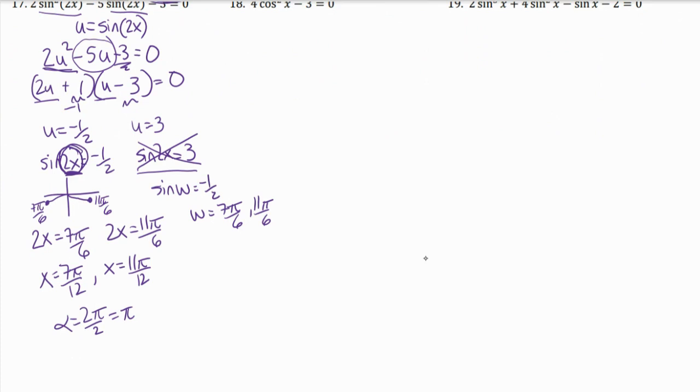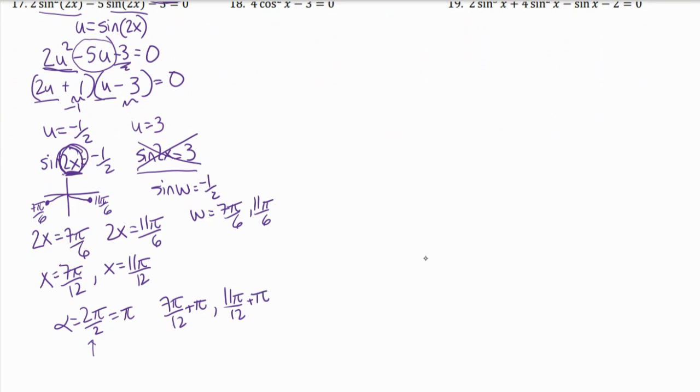Remember how to find the period of a trig function: it's 2 pi divided by whatever number you're multiplying by x inside the sine. So if it was sine of 3x, your period would be 2 pi over 3. What does that mean? That means you also need to do 7 pi over 12 plus pi, and 11 pi over 12 plus pi. You have to take the period into account.